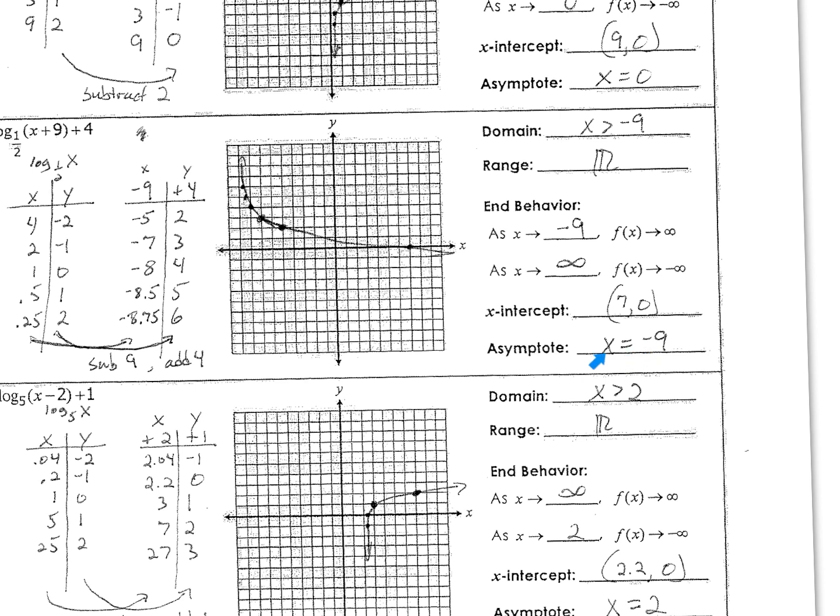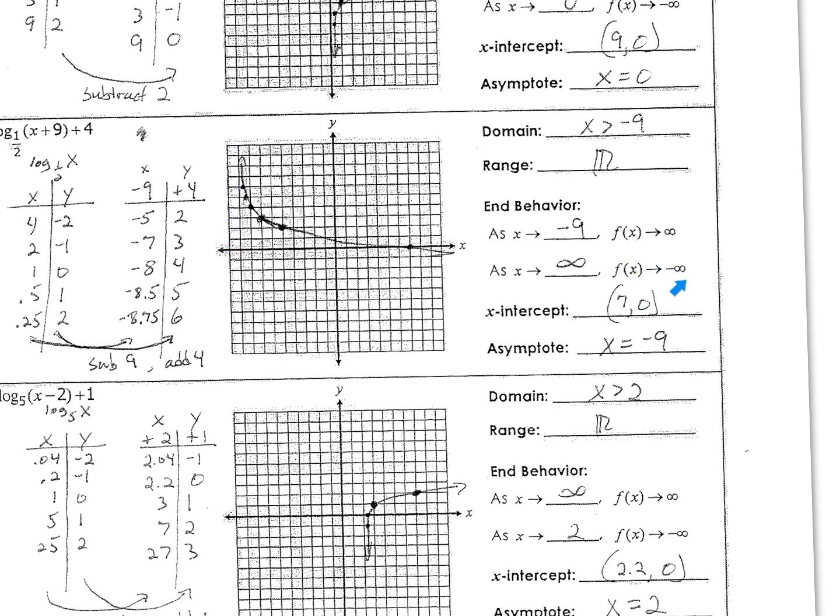All right, therefore your domain is all the values of x that are greater than -9. Your range is all real numbers. And then your end behavior, as the function is approaching positive infinity, which is this way, as it's approaching positive infinity on the y-axis, the x is approaching -9, the asymptote.